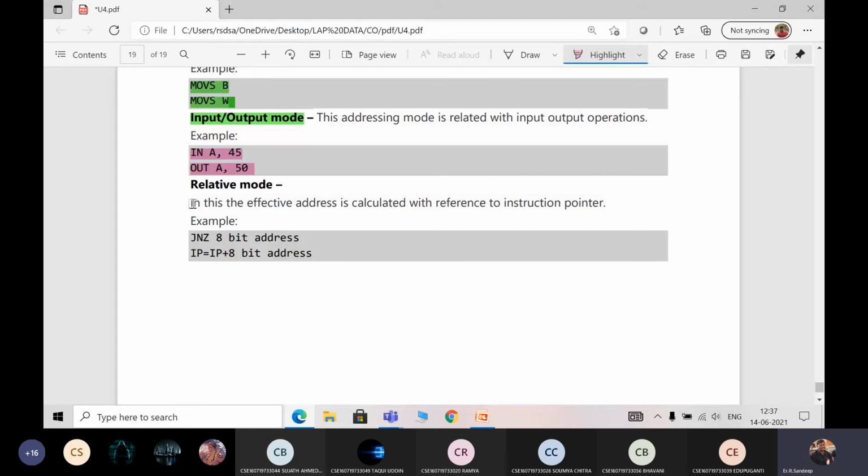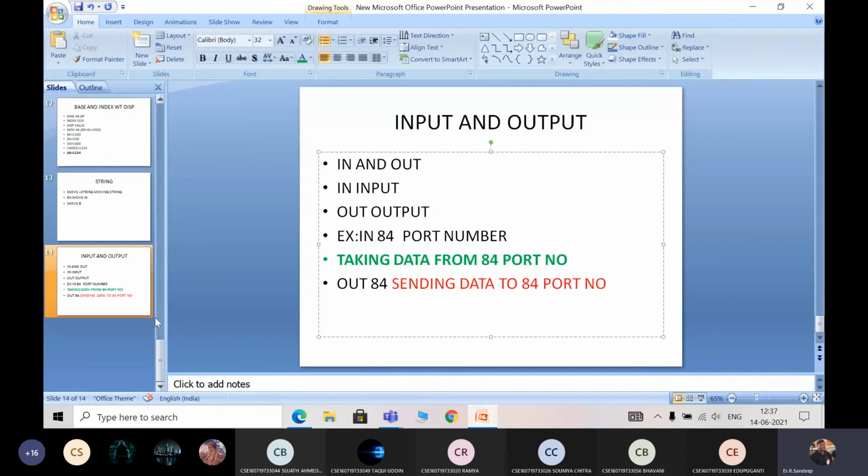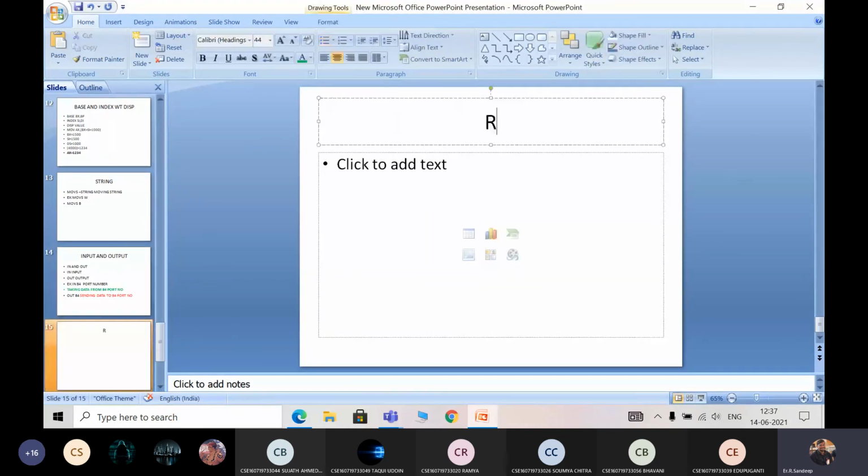Relative addressing mode. In this, the effective address will be calculated with the help of the instruction pointer. So the relative address will be calculated like this: IP = IP + 8-bit address, whatever 8-bit address you are taking.